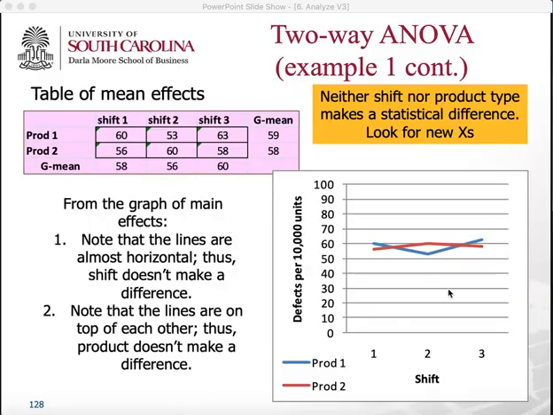Because one of the shifts will have a higher number or a lower number of defects. Does that make sense? So this is what you have, the chart, when you have no difference between shifts and no difference between products, okay?